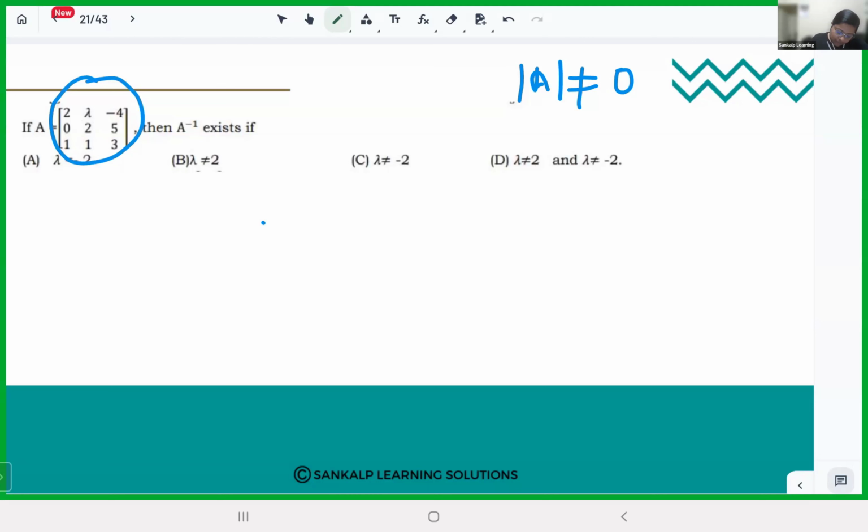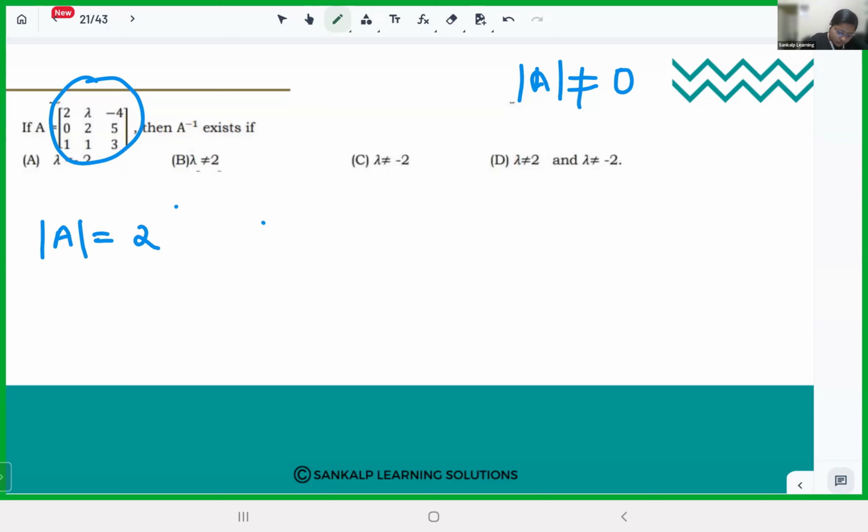All right. So here you have to find out the determinant of this matrix. That is, determinant of A is equal to, what is the determinant? First element is 2. I'm going to expand it along the first row, because in the first row you can see lambda. So I'm going to expand it along the first row itself. So 2 into 2, 5, 1, 3, right?